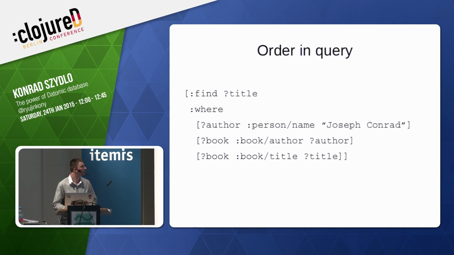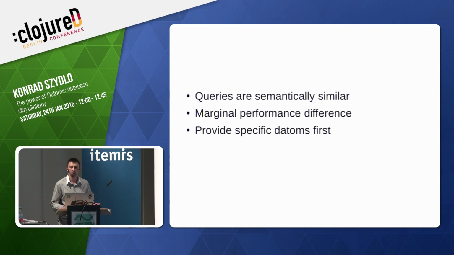This query is similar to the previous one. The order of the clauses doesn't really matter. Both queries are semantically similar. There's a small performance difference, and as a rule of thumb, we should provide the more specific datums first.